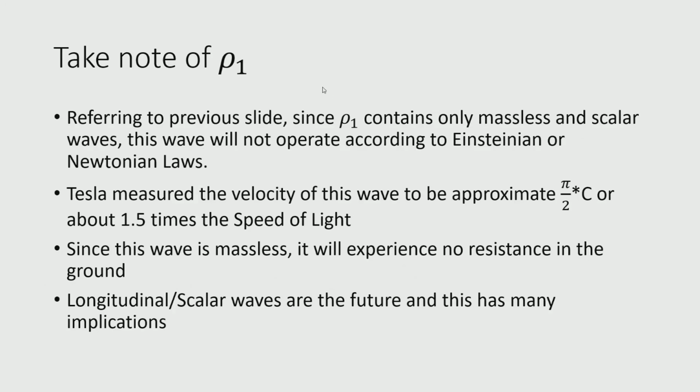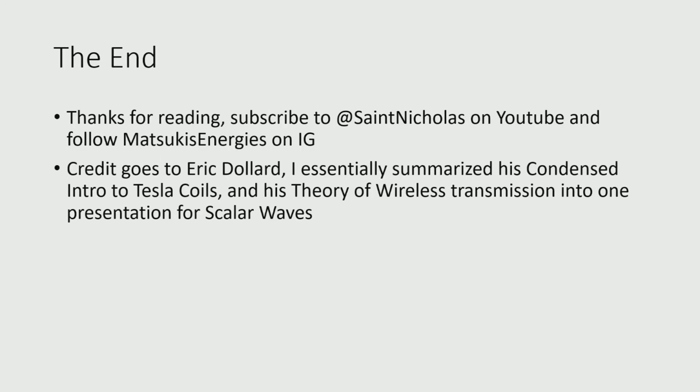Again, this is not going to operate according to your Einsteinian or Newtonian laws. It's going to be approximately pi over 2 times c, or 1.5 times the speed of light. Since it's massless, it will not experience any resistance inside the ground, and longitudinal waves are the future, and it has many implications, and we need to be starting to use this more, okay?